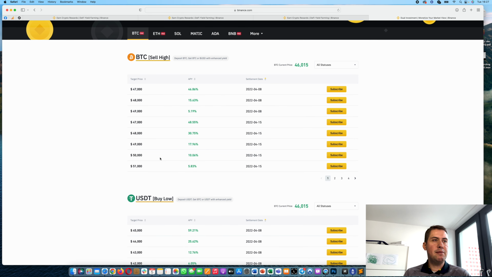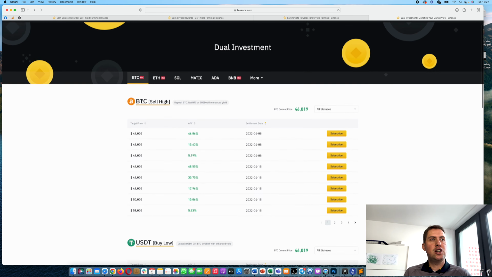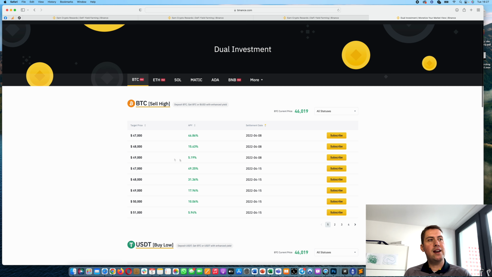And so sometimes it can happen that it would be actually better for you to just stay in BTC than investing it here and getting USDT back. So even though they are claiming you get a very high APY here, it really depends how the cryptocurrency grew in value over that period of time. And sometimes it's really better just to stay in Bitcoin than investing it here.